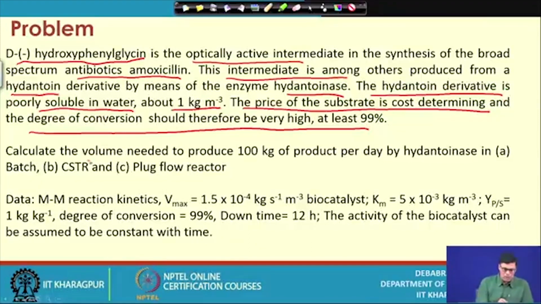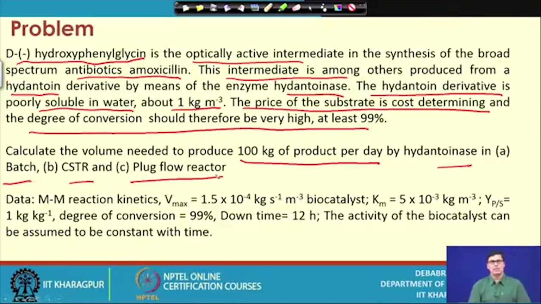So calculate the volume needed to produce 100 kg of product per day by hydantoinase in a batch process, a CSTR and a plug flow reactor. So there are 3 different reactors, and this particular problem also helps you find out which reactor you will recommend for this process, because when you do the calculation you find out which reactor size will be minimum.